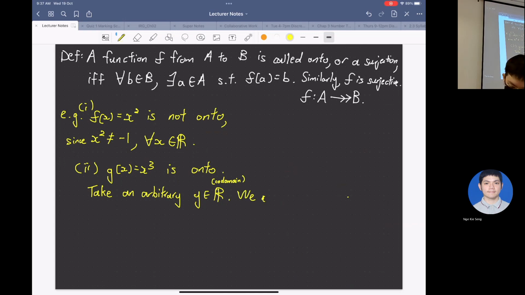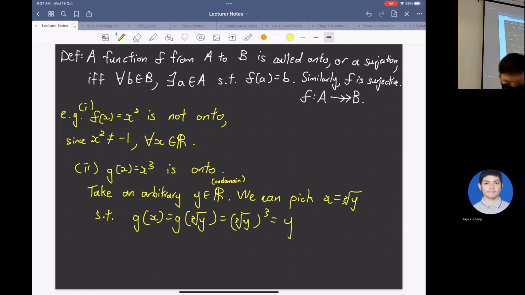We can pick x equal to the cube root of y, such that g(x), which is g of the cube root of y, which is the cube root of y cubed, is y. So for every element in the codomain, you need to find an image, so that you can show something is onto.